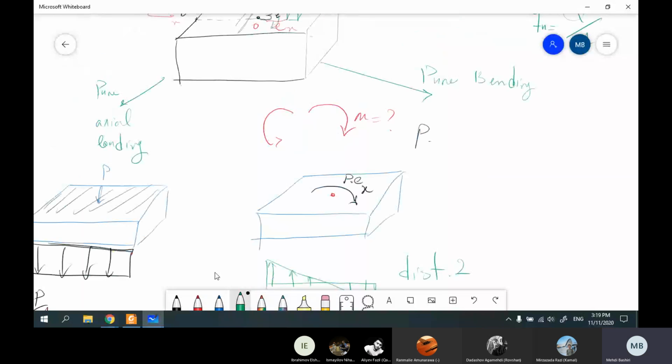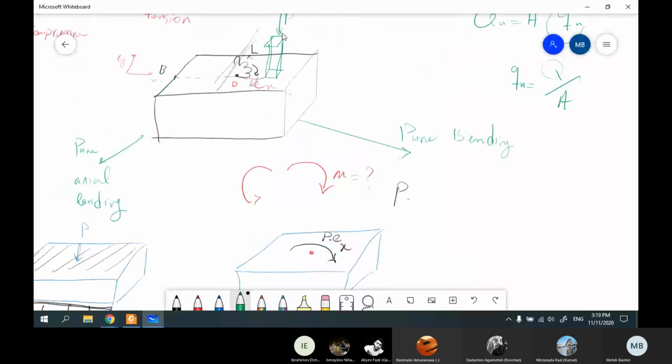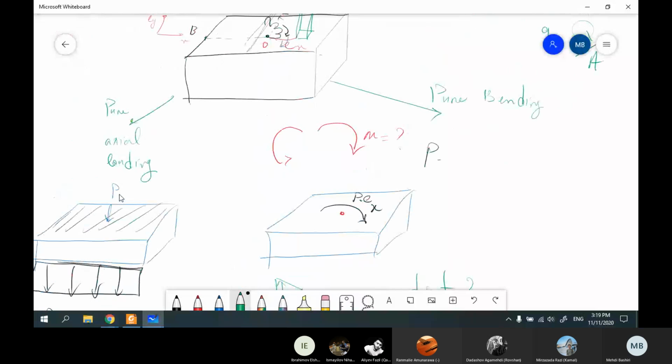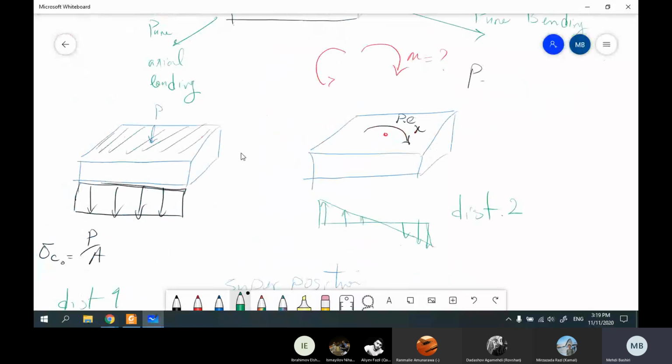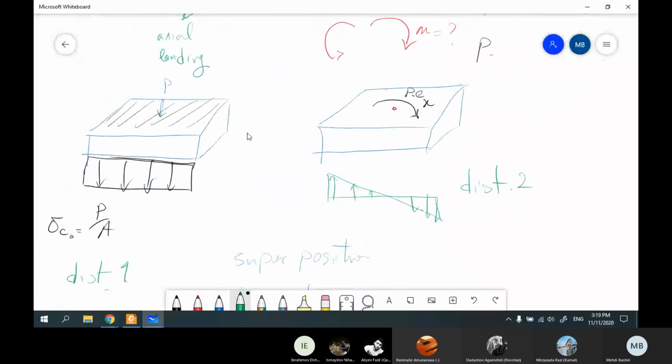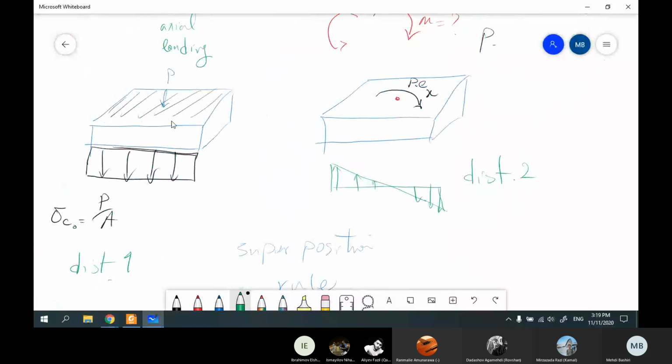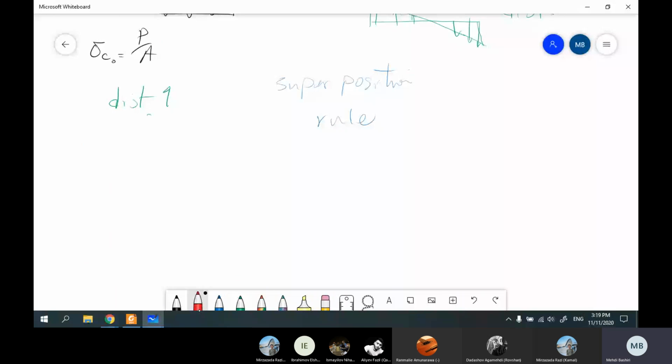The superposition rule says that instead of finding the real distribution directly, we can split the loads, find each distribution, and finally the final distribution is distribution 1 plus distribution 2.